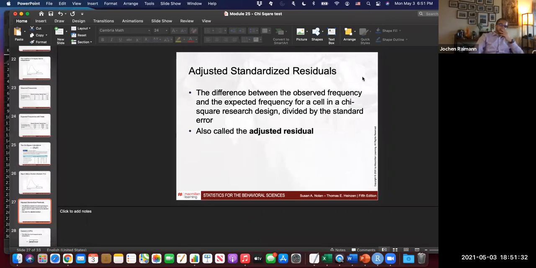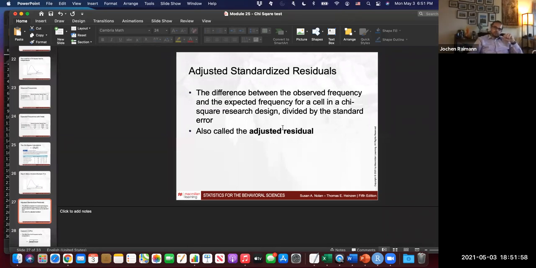So now it's getting a little bit more complicated. So now we want to standardize this, because by that we're getting a residual from our expected, which is kind of nice because that leads you towards understanding which group is actually more deviating from what you expected.